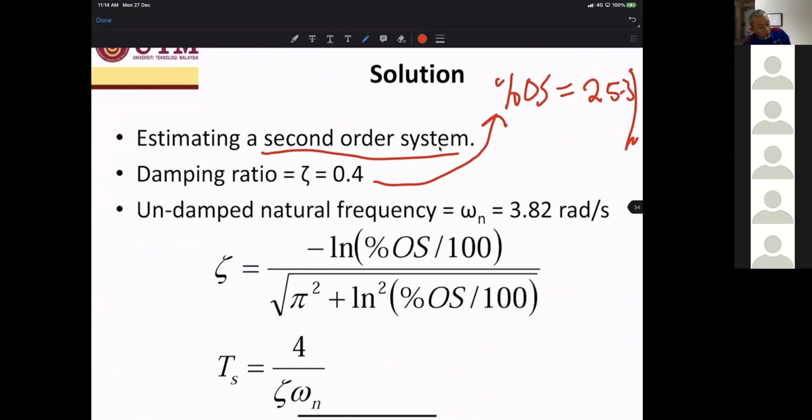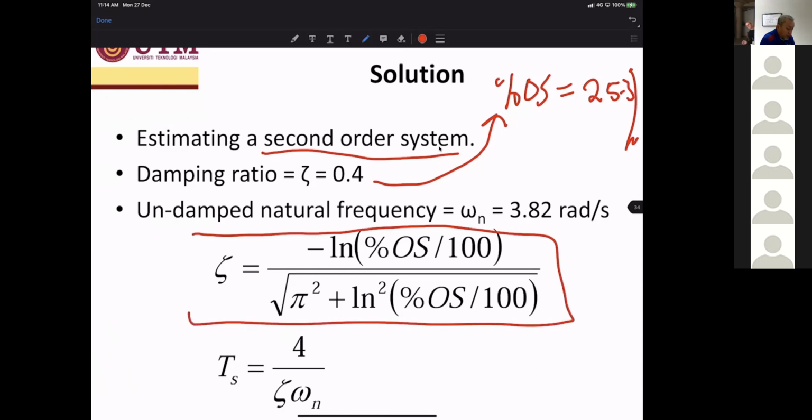How do we get zeta 0.4 from 25.3%? It is just using this formula. There are three ways. First is using the formula where you insert the 25.3 in here, then use the natural logarithm, where pi is 3.14, and you get zeta 0.4.